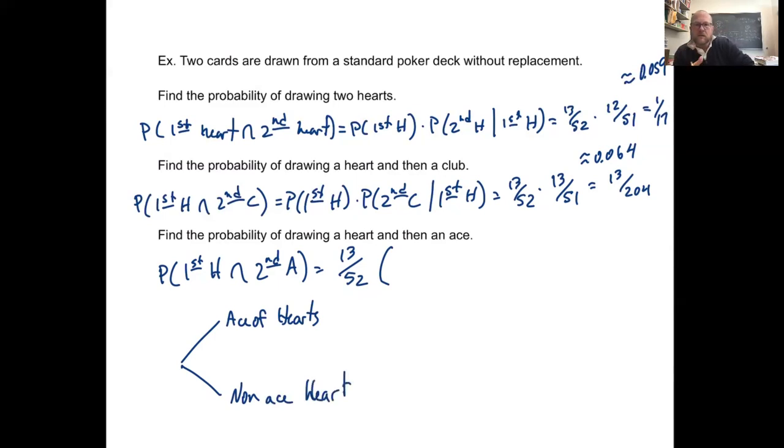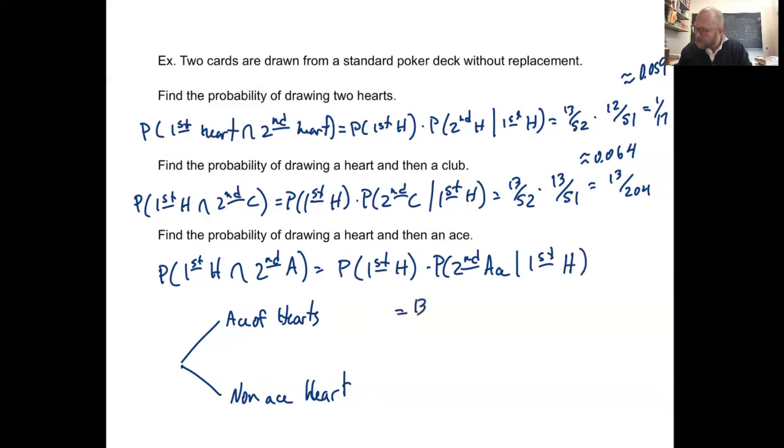Because we are assuming that we had drawn a heart there. We don't have to break it down into drawing a heart or not drawing a heart, because if we didn't draw a heart, then we are stopping the whole process. So I'm just writing down the probability the first is a heart times the probability the second is an ace, given that the first is a heart.